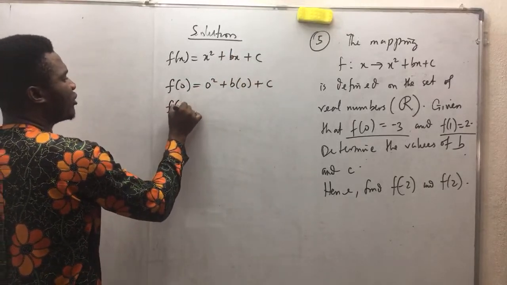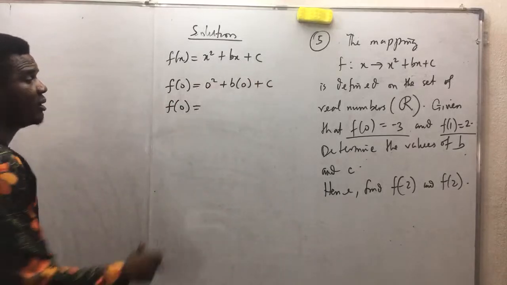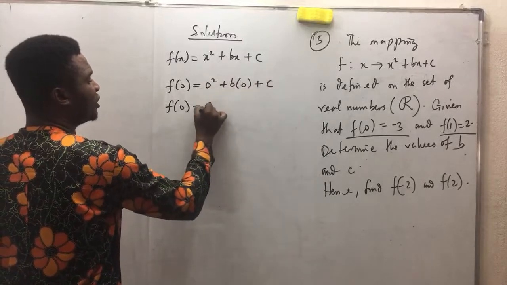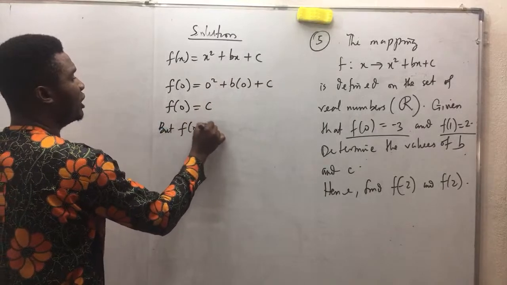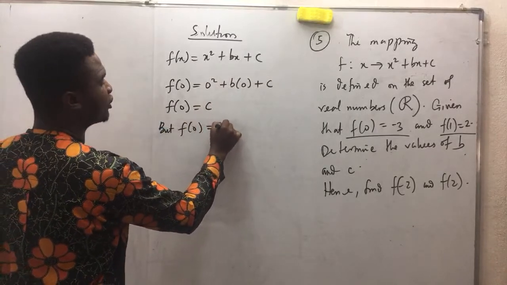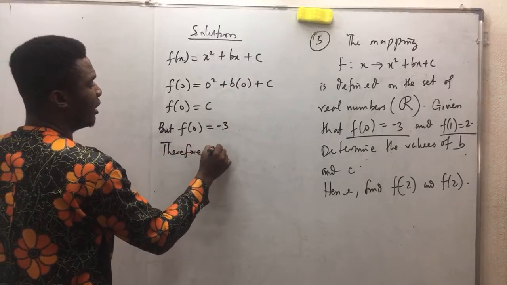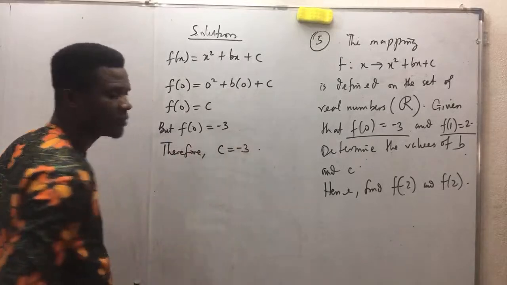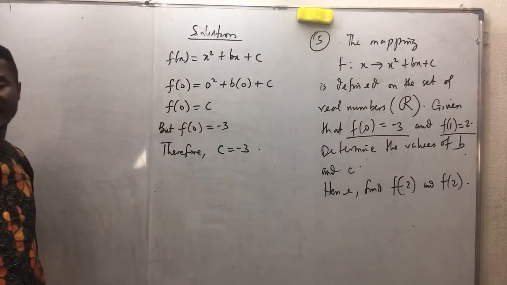And f of 0 certainly, based on this, will be 0 squared, which is 0, b times 0 is 0, so 0 plus c would give me c. But f of 0 is equal to minus 3. Therefore, c is equal to minus 3. So there will be no need for an equation there because I've already obtained the value of c.